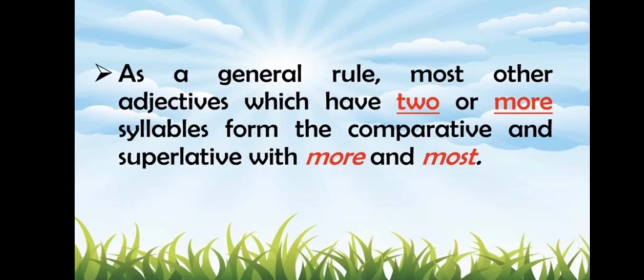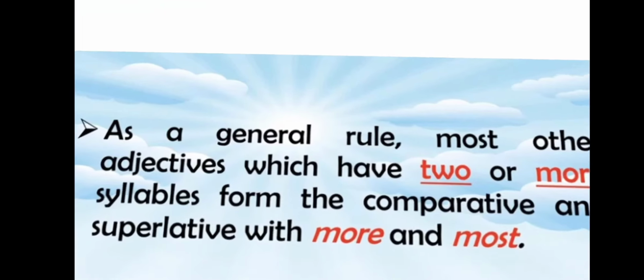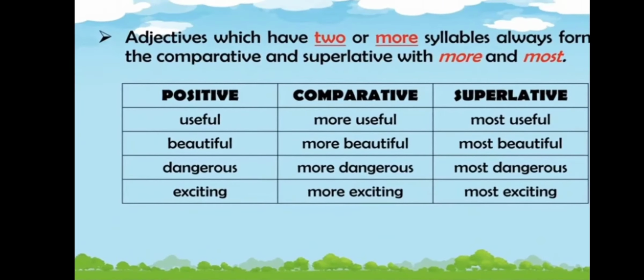We have to use the word more for comparative and we have to use most for superlative degree. Let's have some examples here. Like useful will be more useful and superlative will be most useful. Beautiful, more beautiful, most beautiful. Dangerous, more dangerous, most dangerous. Exciting, more exciting, most exciting.